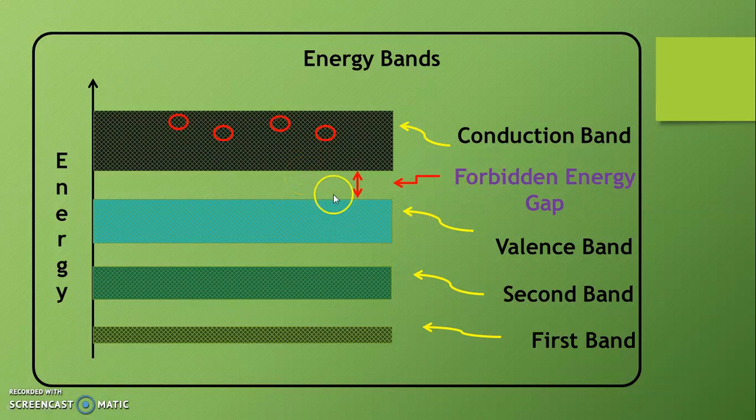The width of the forbidden energy gap indicates the bonding of valence band electrons with the nucleus. So when we impart energy equal to the forbidden energy, then electrons can shift from the valence band to the conduction band.